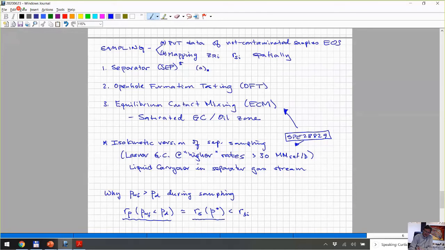This can be used for both A and B, but on the B, you may have to back out the producing CGR variation with rate, something like we just looked at now, to get an estimate of the in situ. If it's near saturated, then it may be difficult to get.